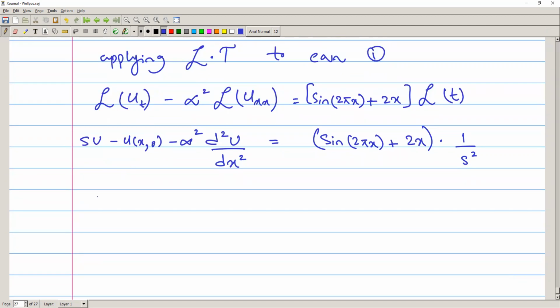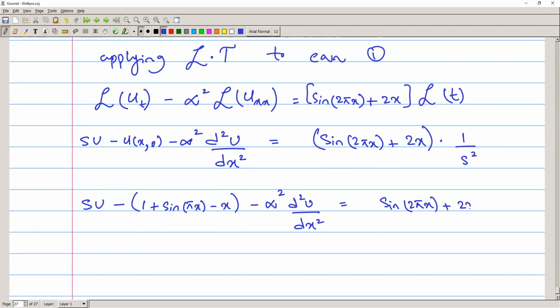So now we can see that sU minus this u(x, 0) is given in the equation. So we can write it from the equation, that is 1 plus sin(pi x) minus x, and then negative alpha squared d squared U over dx squared is equal to (sin 2 pi x plus 2x) divided by s squared.